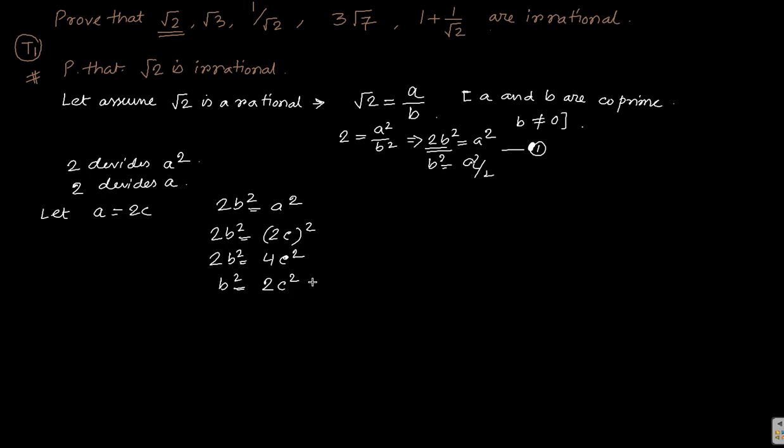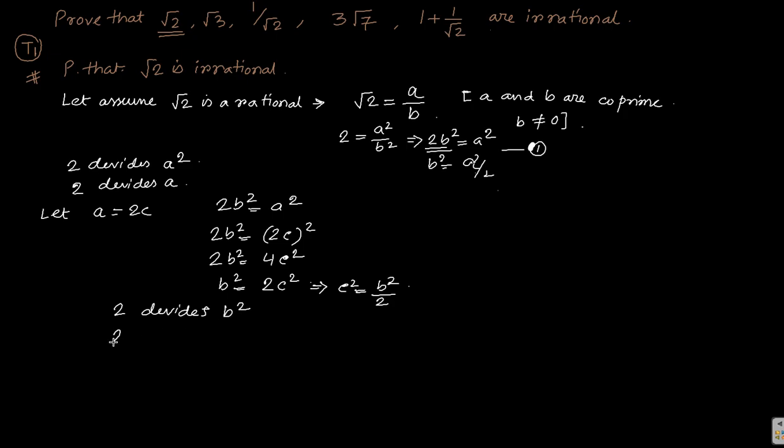As b square is equal to 2c square, it implies that c square is equal to b square by 2, which means b square is divisible by 2, where a square is divisible by 2. So 2 divides b square.